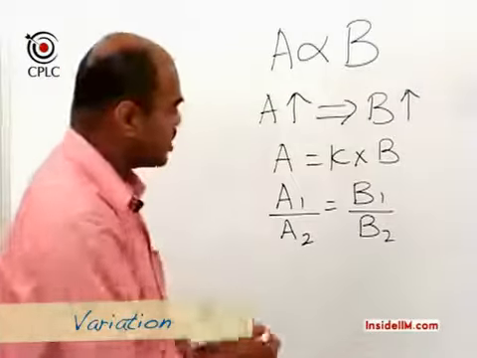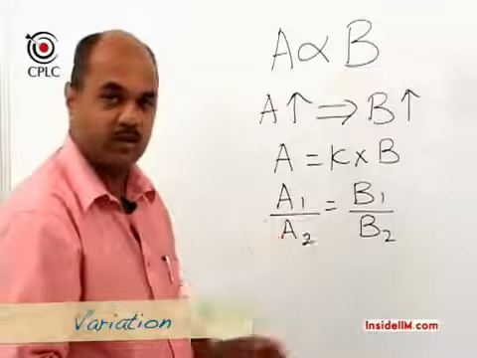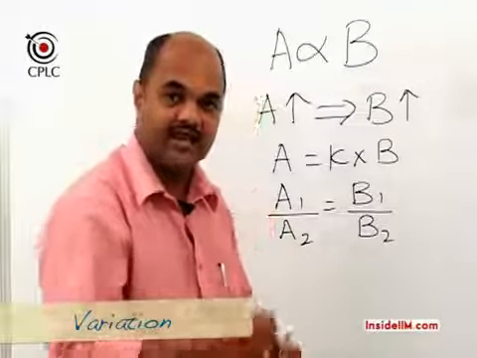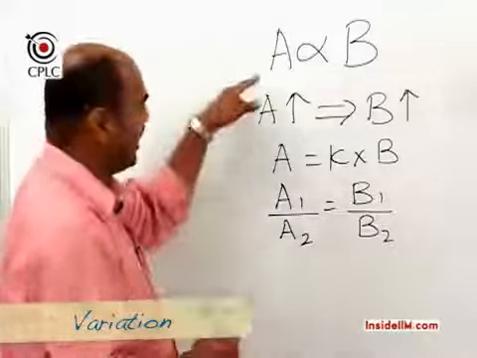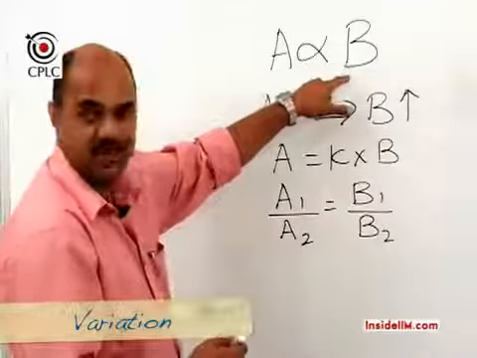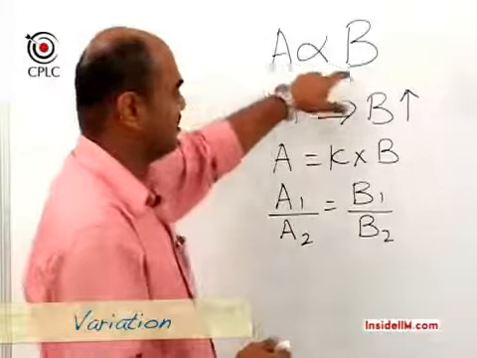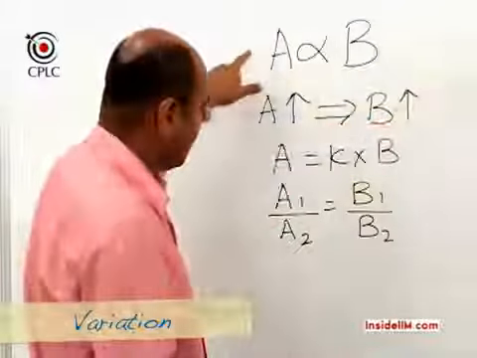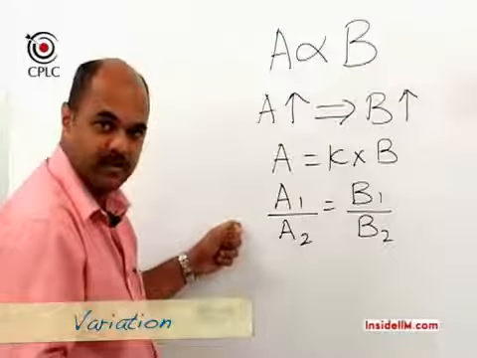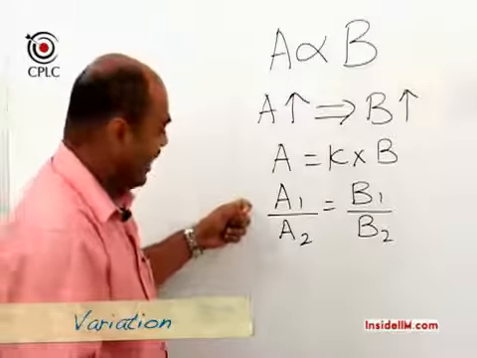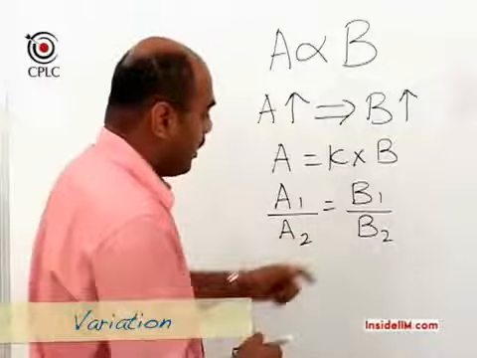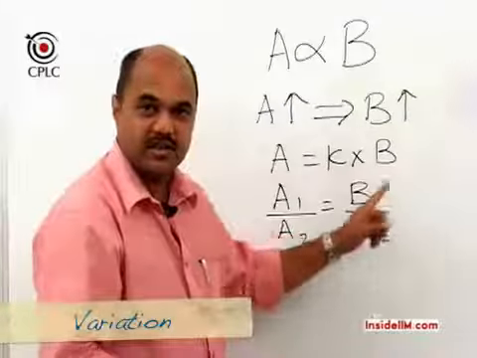A slight variation of this kind of an example could be if A varies directly as B and C. Then instead of saying A varies only as B, we would say A varies as B multiplied by C, and then from there if I jump to this particular point, I would say A1 upon A2 is equal to B1 upon B2 multiplied by C1 upon C2.